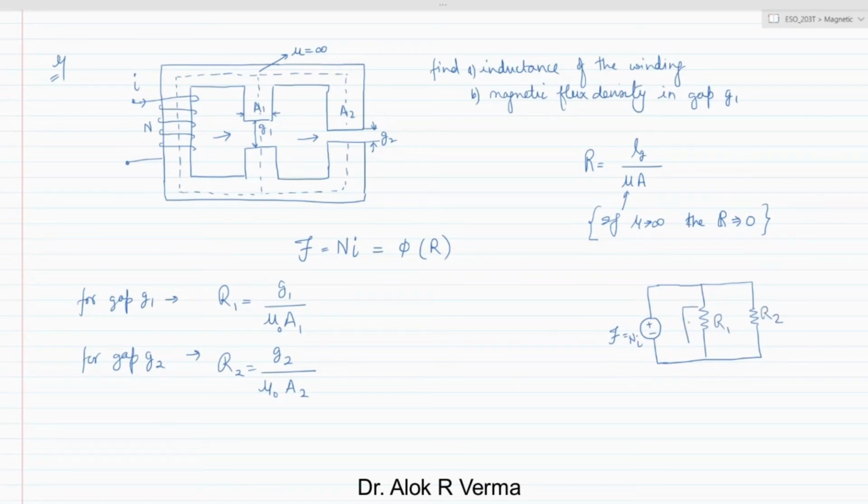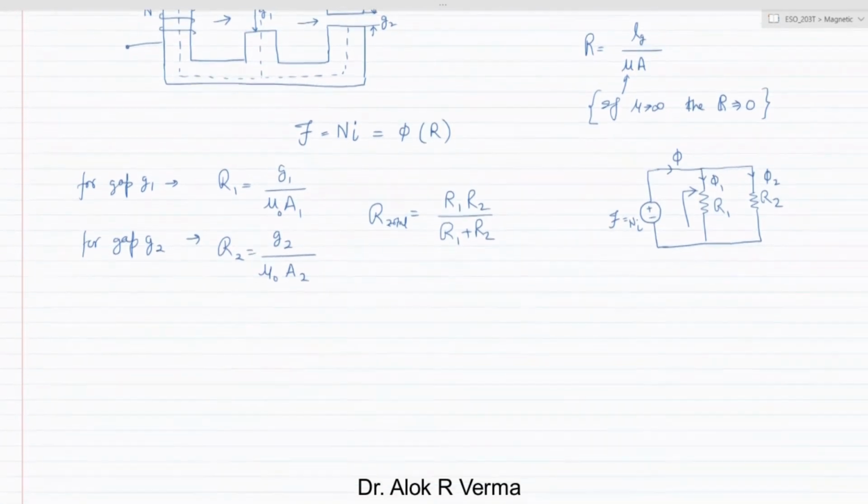The flux phi is here, so here it can be phi 1 and here it can be phi 2. So the total reluctance R total is the parallel combination of R1 and R2, which is R1 R2 by R1 plus R2, correct?